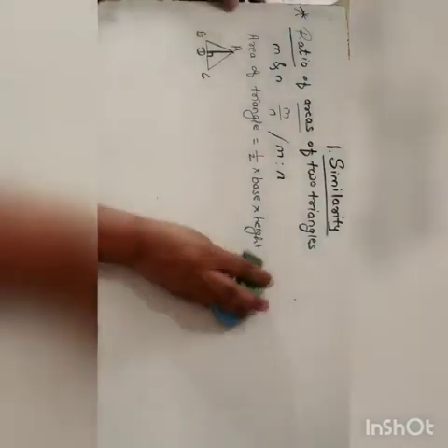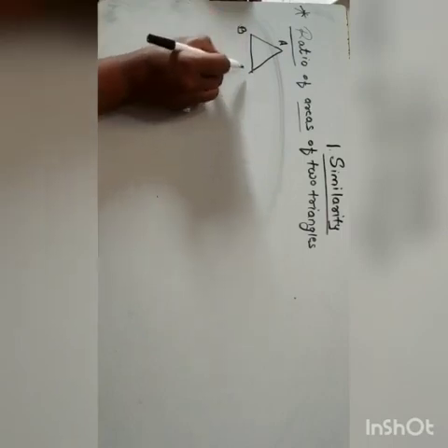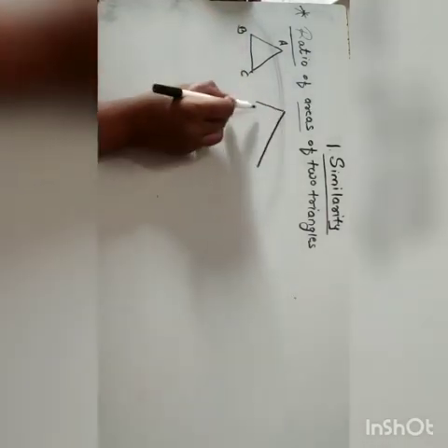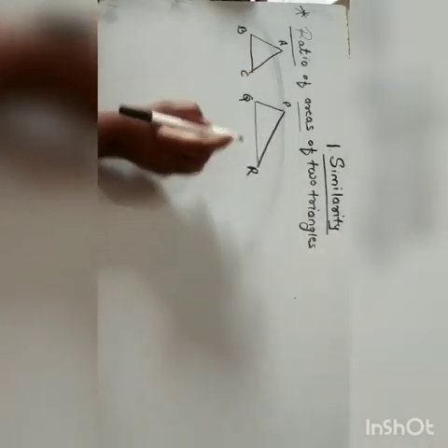Now we are finding the ratios of areas of two triangles. So let us find the areas of two triangles. We will consider two triangles: this is triangle ABC, and one more triangle we will take, PQR.